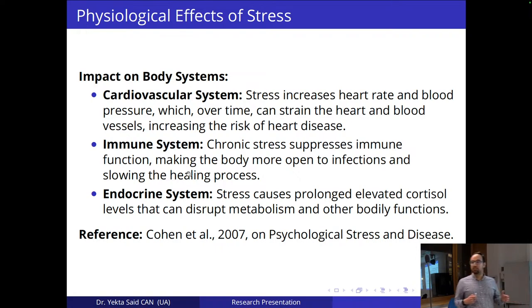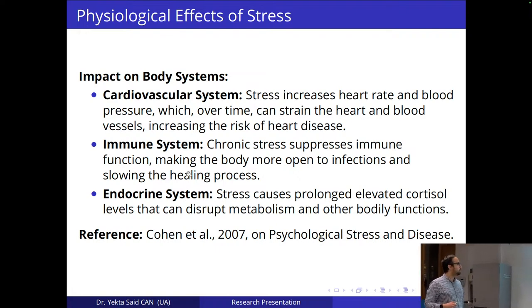If it is consistent, as in chronic stress, it can strain the heart and blood vessels, increasing the risk of heart disease. It also has negative impacts on the immune system. It suppresses immune function, making the body more open to infections and slowing the healing process. It also increases cortisol levels, and if consistent, it can disrupt metabolism and other bodily functions.